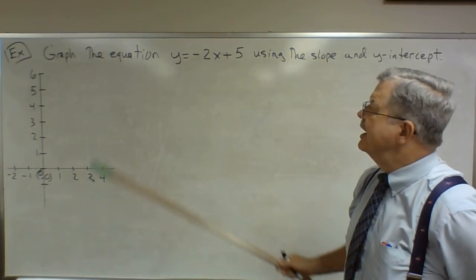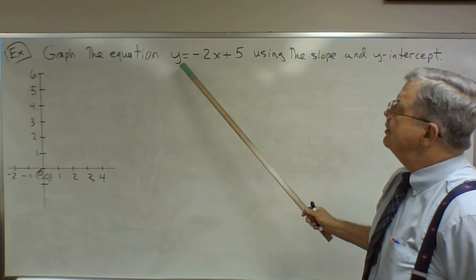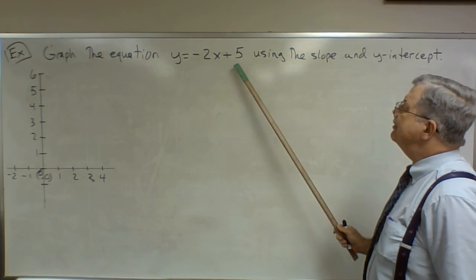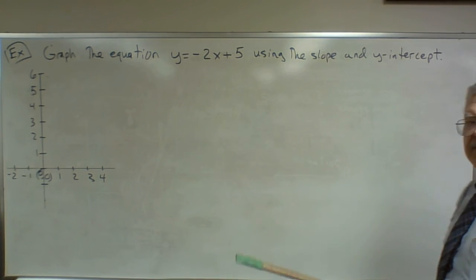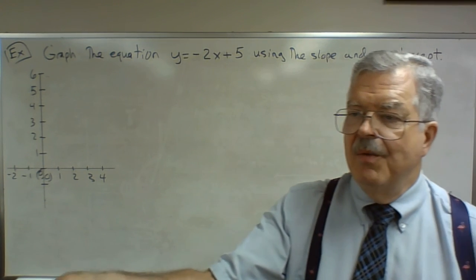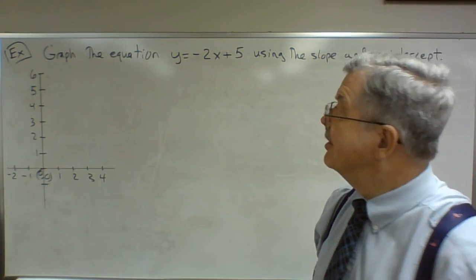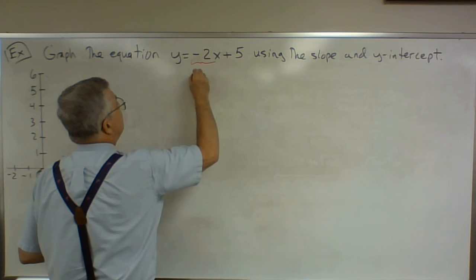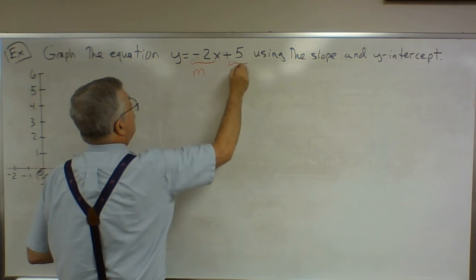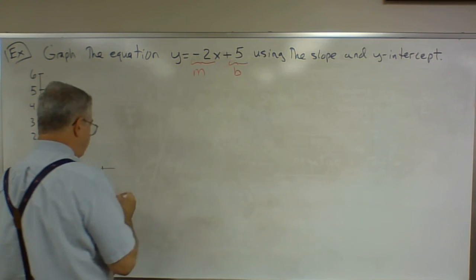Now let's do another completely different example. This one's kind of nice. Graph the equation y equals negative 2x plus 5 using the slope and y-intercept. Well, we know the drill. Identify the slope. That's m. Y-intercept, b, is 5.